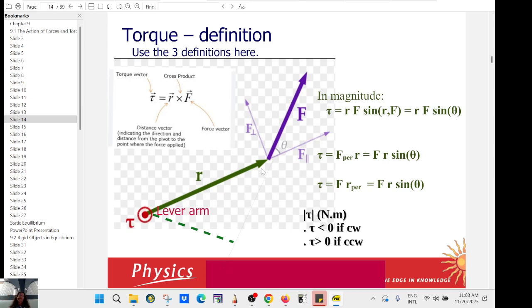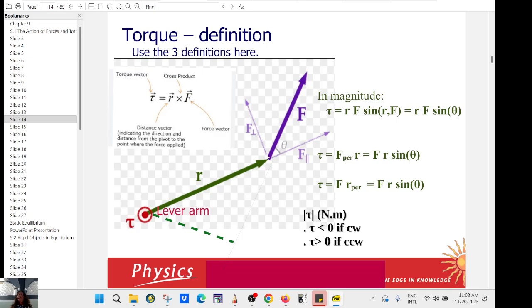This is a door. Imagine this is a door. This is the hinge, the axis of rotation. That will be the distance to where you're applying the force. You apply a force this way. One easy way to do it is to say, okay, it will be R times the perpendicular component, which in that case you're going to use a sine.